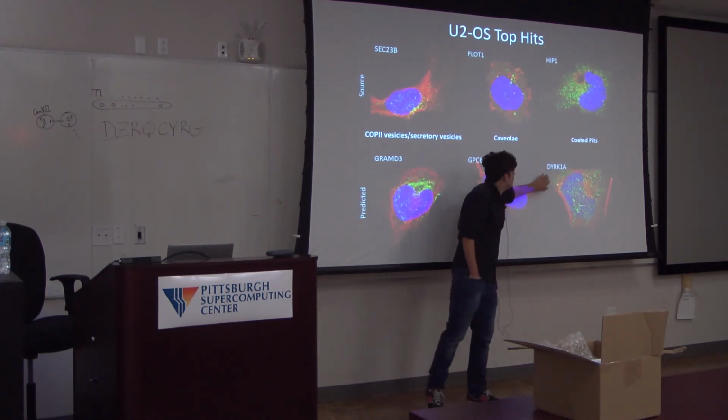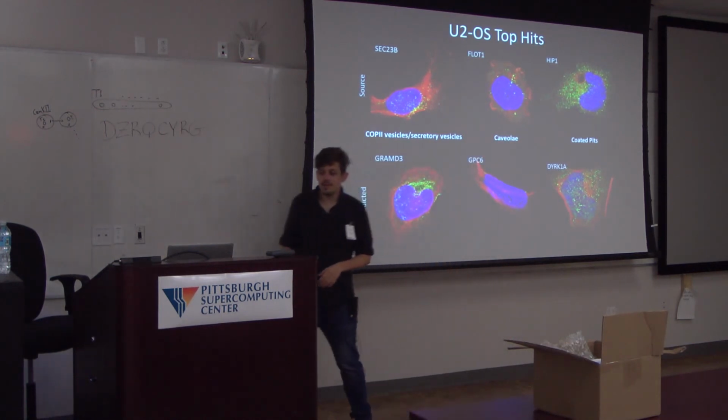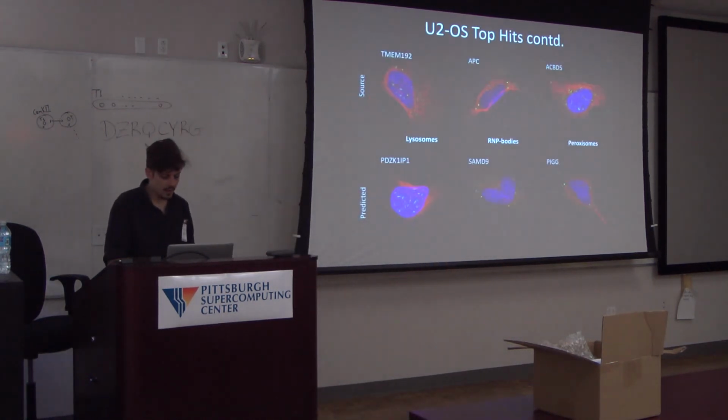HIP1 and DYRK1A are very similar, and so on. And looking at the literature, we were able to show that virtually all of our top hits interact directly with members of our basis set, in these cell types or in another cell type.